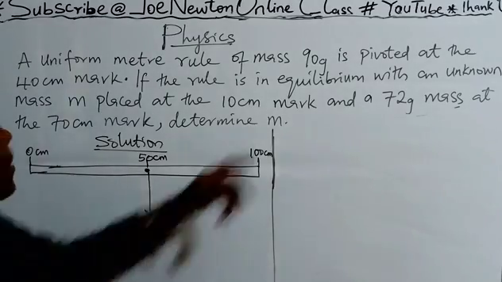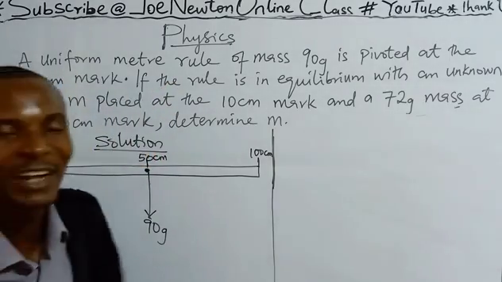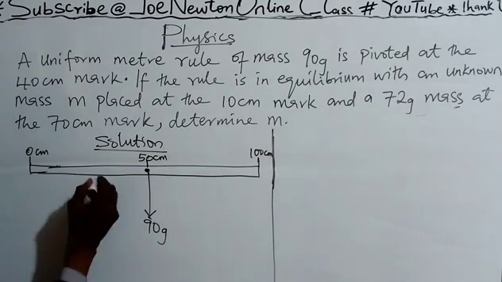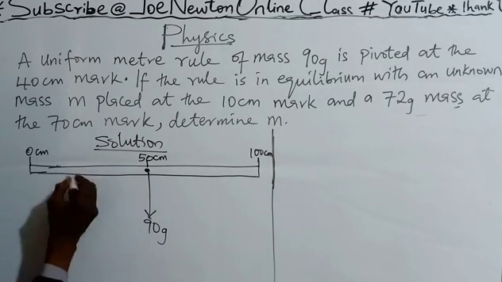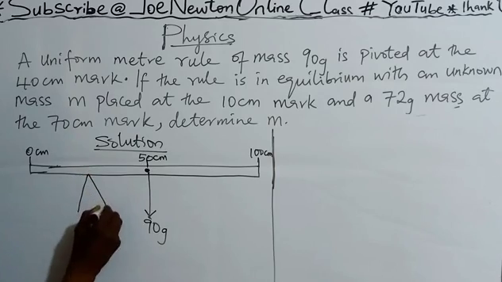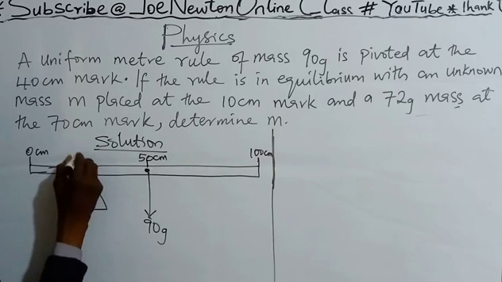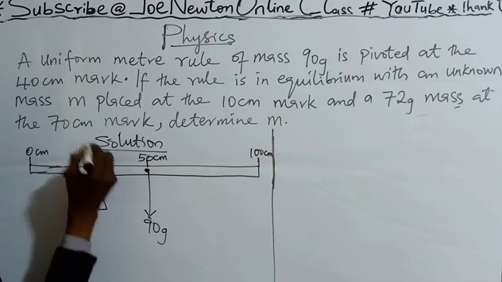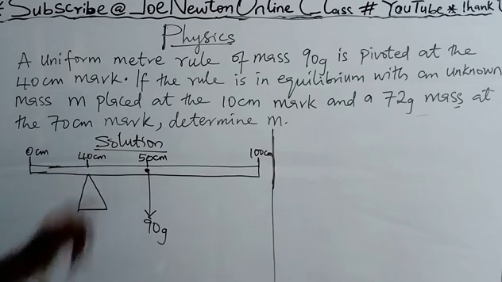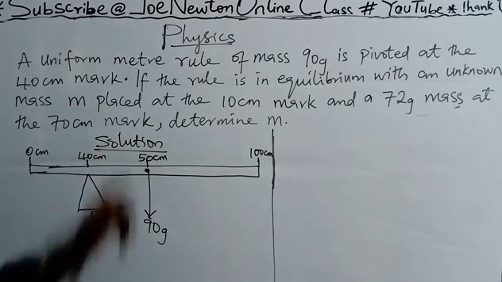Then we continue. We are told that the meter rule is pivoted at the 40 cm mark. That the pivot is at the 40 cm mark, the turning point. Then we have the 40 cm mark somewhere here. That's the pivot. Let's call here P, the pivot P. Then we continue.